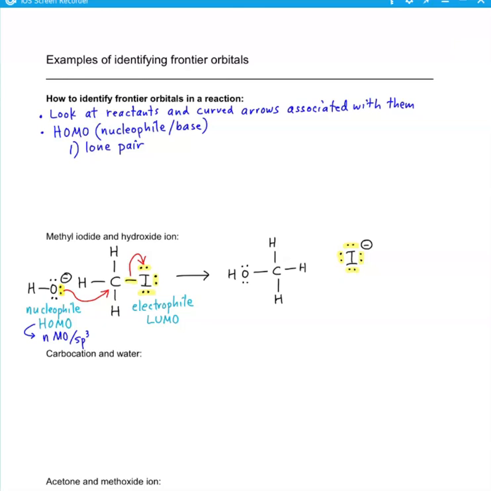So if it's a lone pair, back up to the top, if it's a lone pair, then the label you would use would either be to say that it's a non-bonding molecular orbital, or you could use the hybrid orbital label.